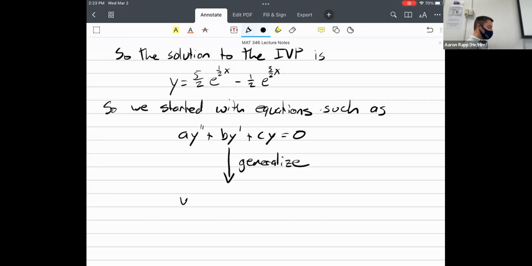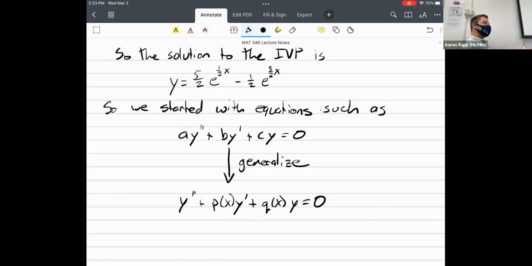So we want to generalize this as something of the form, something like this, where my second derivative plus some function of my independent variable times the first derivative plus some function of my independent variable times my solution is equal to 0.